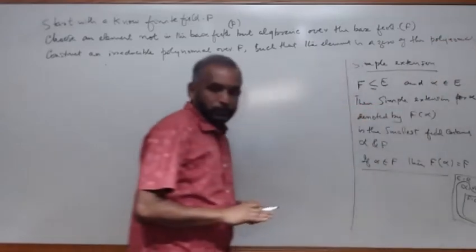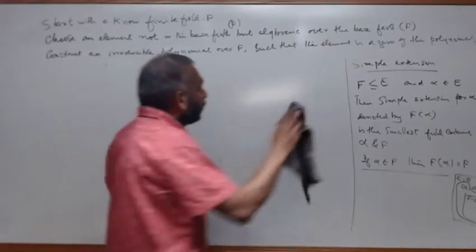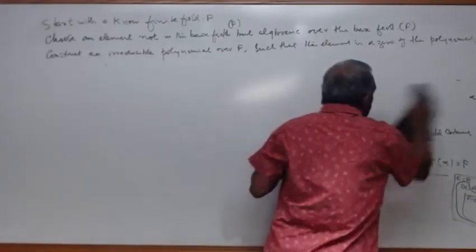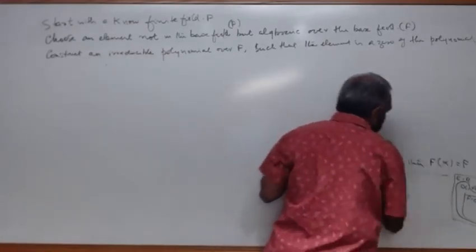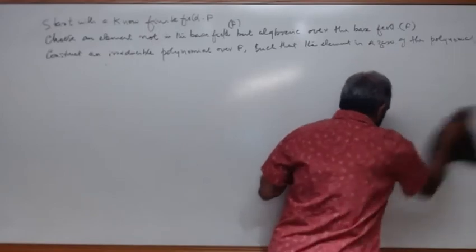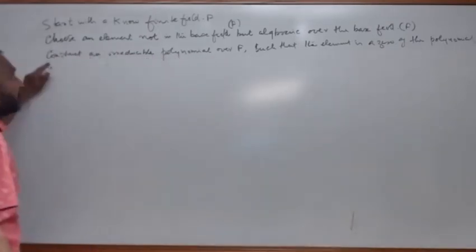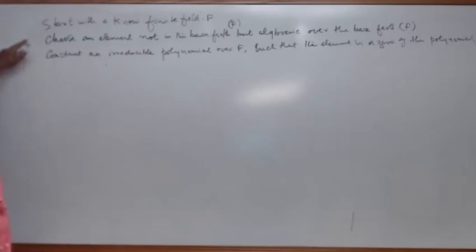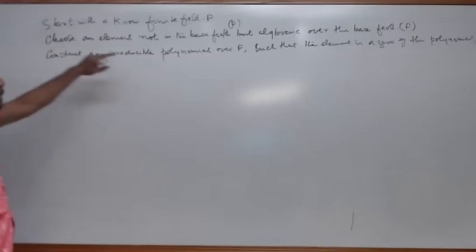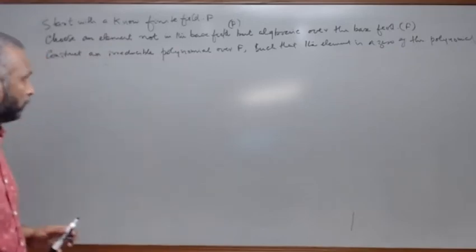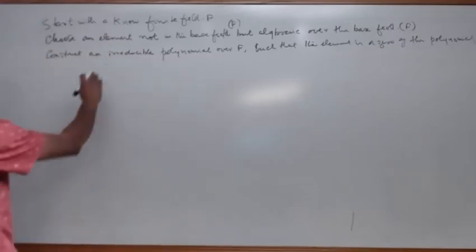In fact, what we are going to do is construct the polynomial first and assume that there exists an element that becomes a 0 of the polynomial. Okay, let's start like this.